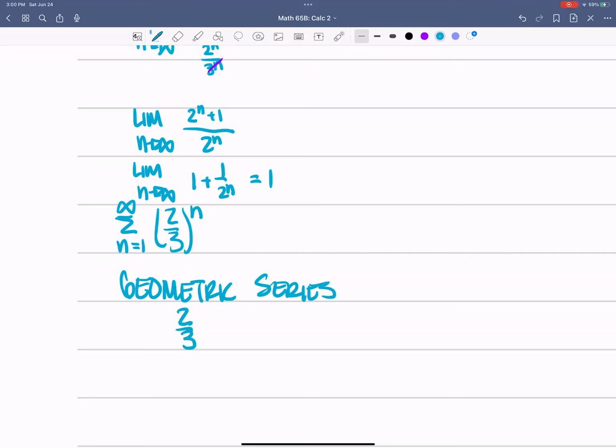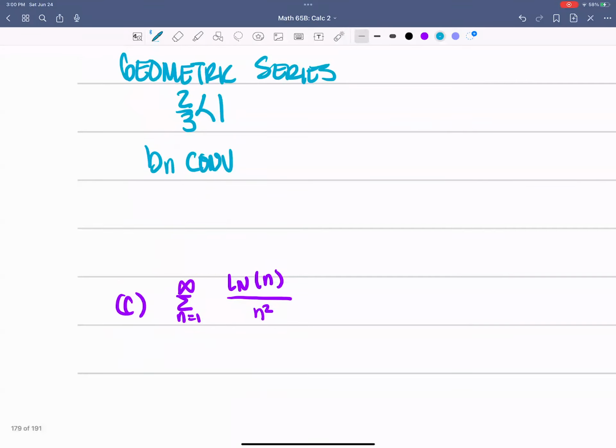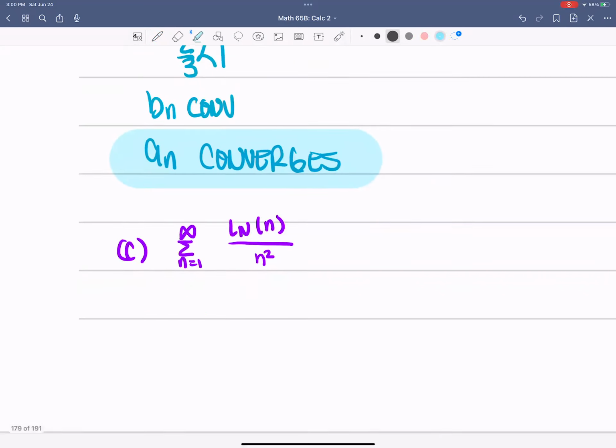Since 2 over 3 is less than 1, the geometric series converges. So b sub n converges. Since b sub n converges, so does a sub n. a sub n also converges. And there we go. That's our solution there.